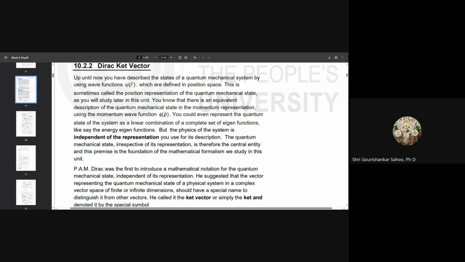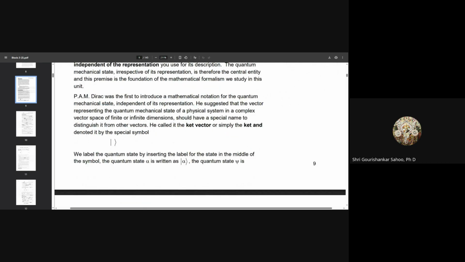So we can call it a ket vector, and a ket can be denoted by the symbol which I have shown earlier. The symbol is like this, a part of a bracket. And we label the quantum state by inserting the label of the state in the middle of the symbol, and the quantum state alpha is written as shown on the screen. So in your ket vector, you can represent a wave function psi or a quantum state alpha as shown on the screen.